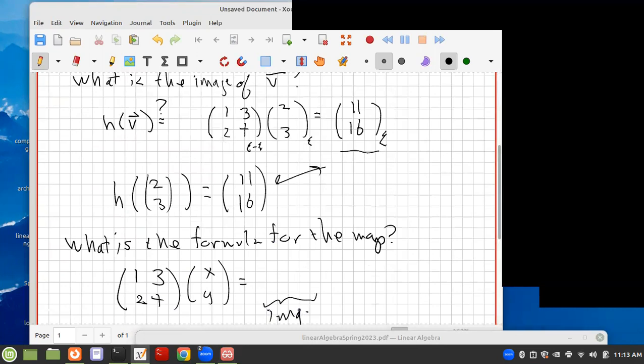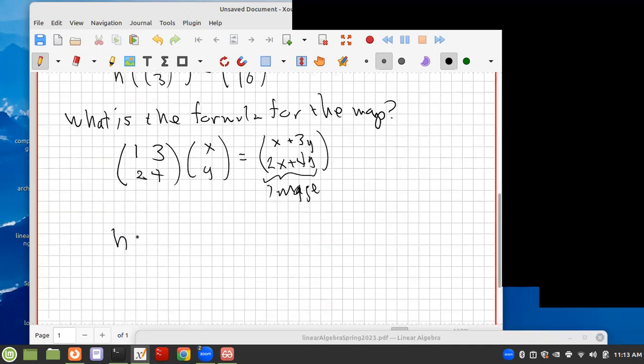To solve the problem, instead of doing a particular one like (2, 3), you do the general x and y, and you get x plus 3y up top, and in the second component, 2x plus 4y, so that H sends (x, y) to (x plus 3y, 2x plus 4y).